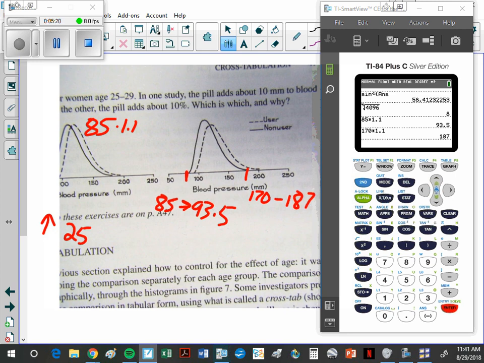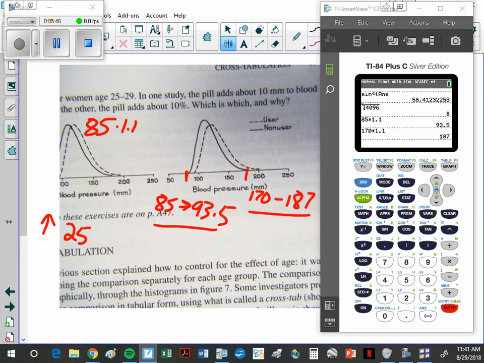What do you notice about those shifts? What's the difference between this shift and this shift? A lot, right? This person only went up, no, sorry, 8.5.